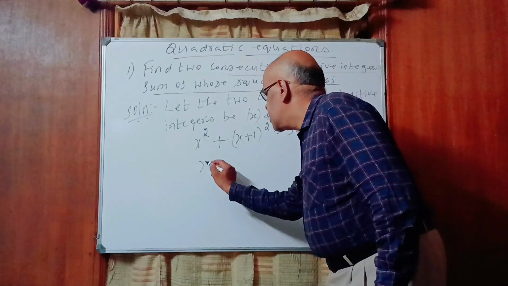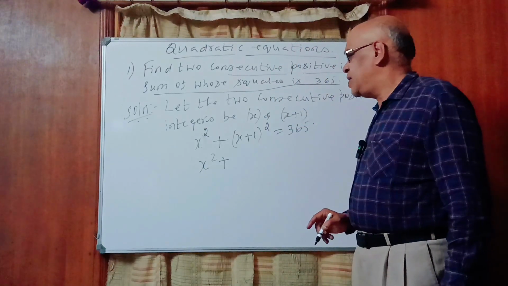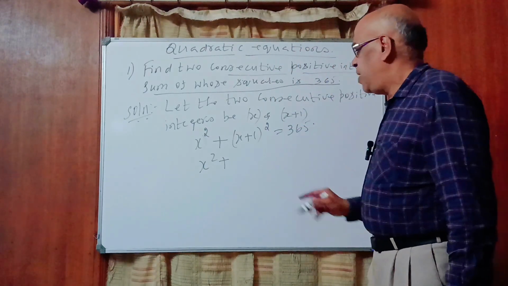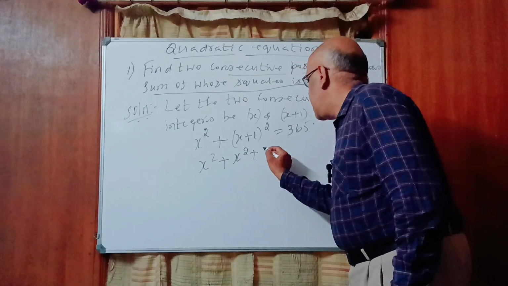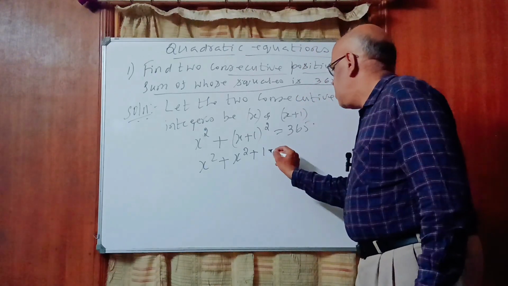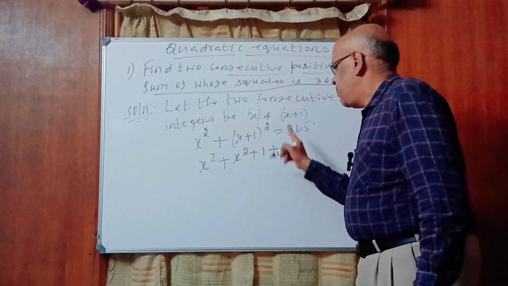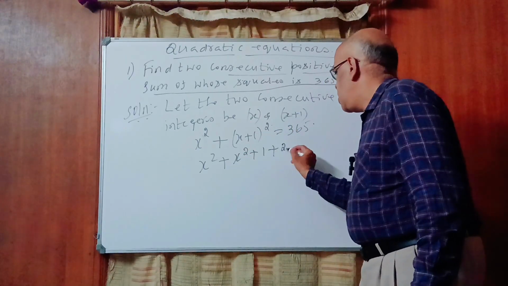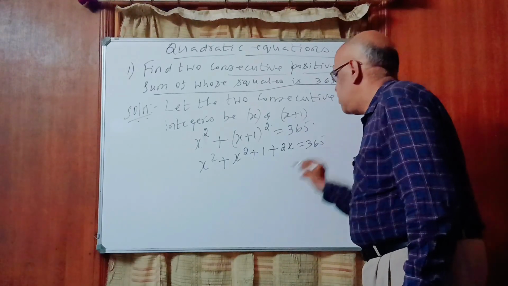So x square. Now second term x plus 1 whole square. It's in the standard form, identity. A plus b whole square. What? X plus 1 whole square. X square plus 1 square plus 2ab. 2 into a is x, b is 1. 2 into 1 into x, 2x, which is equal to 365.